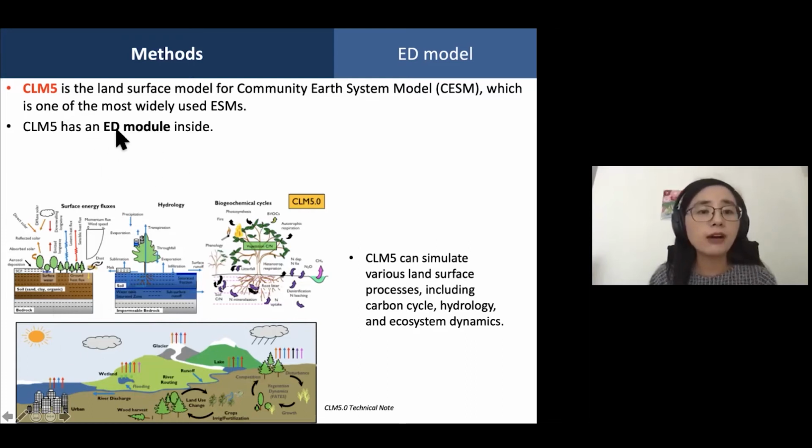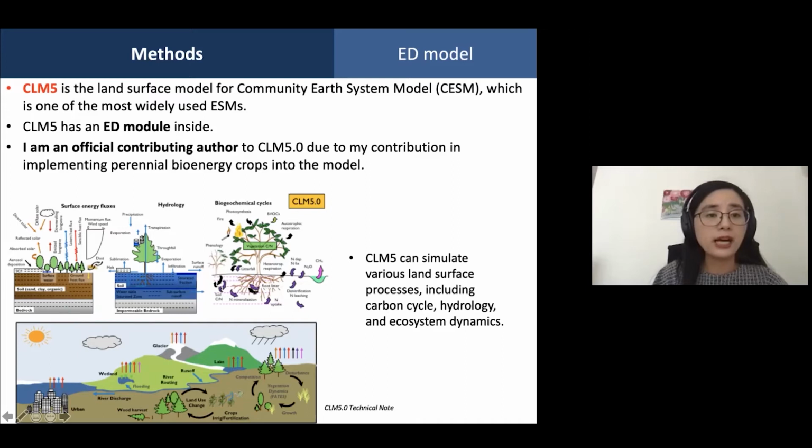CLM5 also has an ED module to simulate the vegetation part. And I'm also an official contributing author to CLM5 because of my contribution to help implement perennial bioenergy crops into the model.